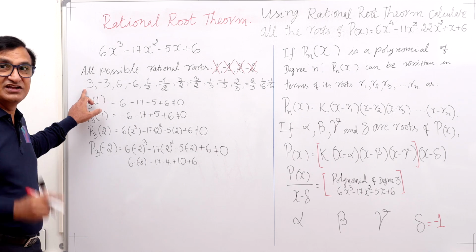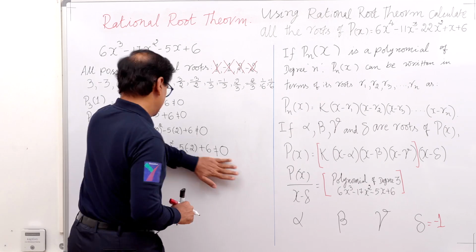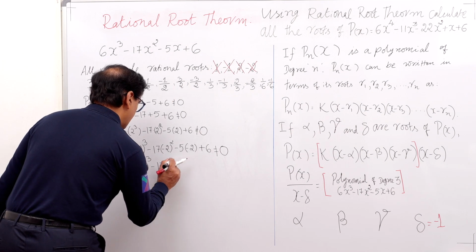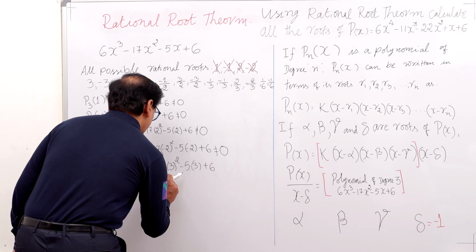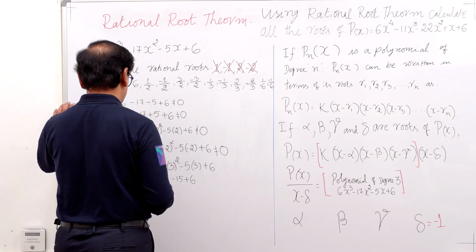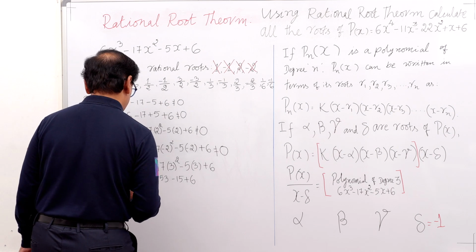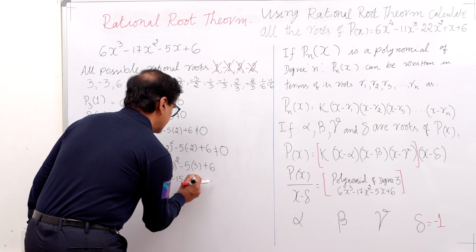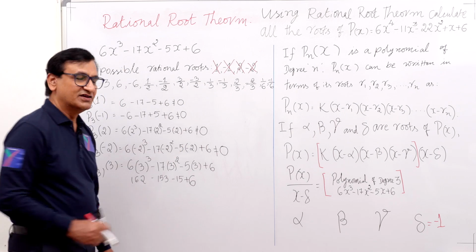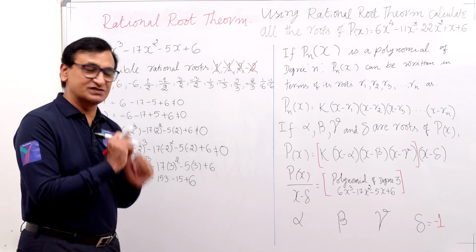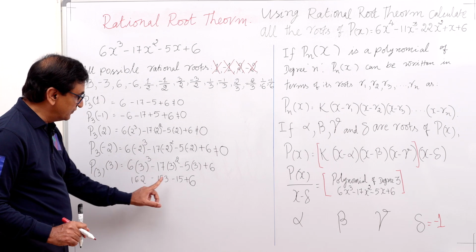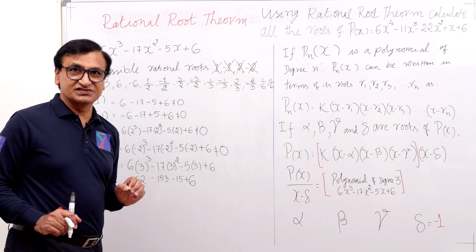Next, we shall try 3. So we have 162 plus 6, 168, so plus 168, minus 153 minus 15 minus 168.